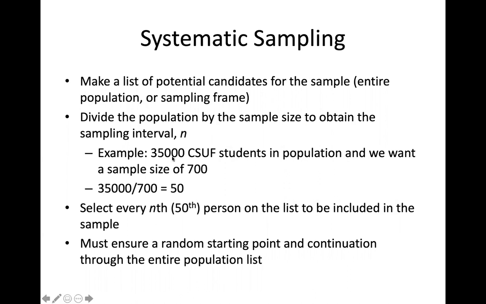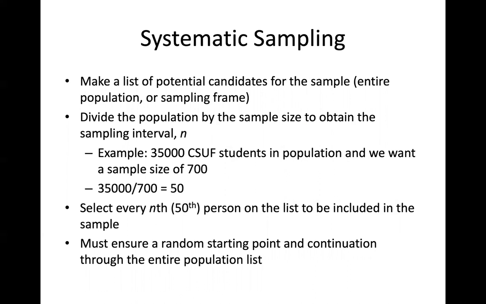So if we've got 35,000 CSUF students, and we've got 700 that we want to sample, we generate the list of all the students. Then we somehow randomize it. It cannot be by alphabet. It can't be by birth date. It can't be by class status or credit units, because then what we've done is introduced some systemic bias in our sample. It has to be absolutely randomized.